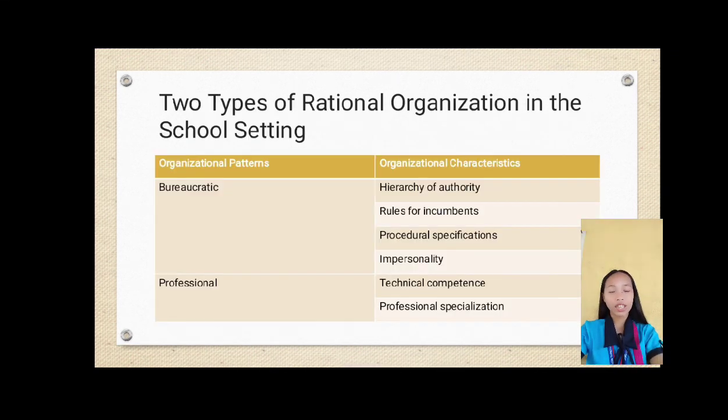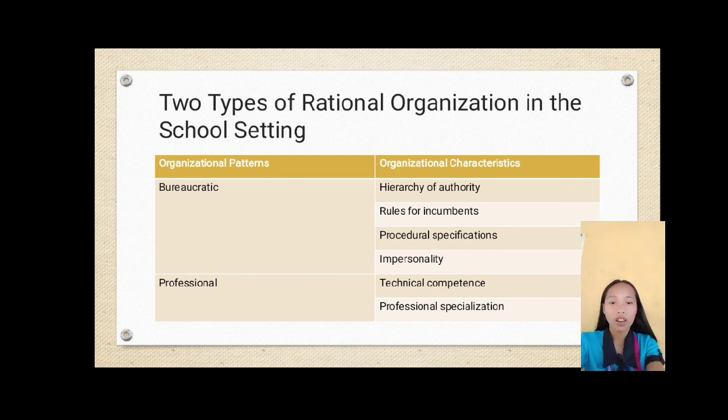Hierarchy of authority, rules for incumbents, procedural specifications, and impersonality tend to vary together, and specialization and technical competence similarly vary together. However, the two groups are found to be independent of or inversely related to each other. So we have the two groups: the bureaucratic pattern and the professional pattern.